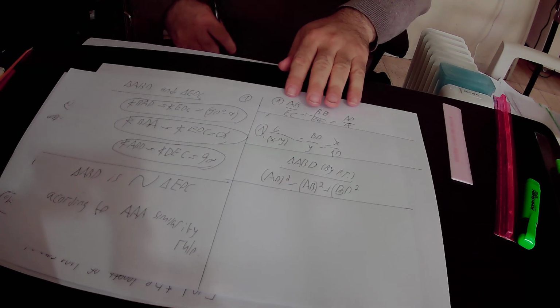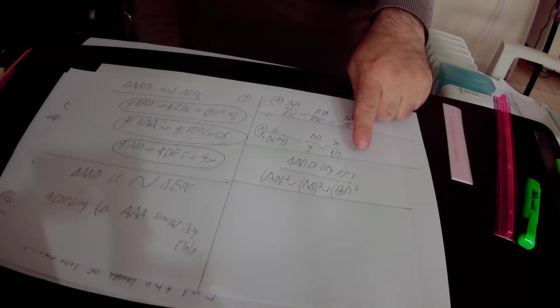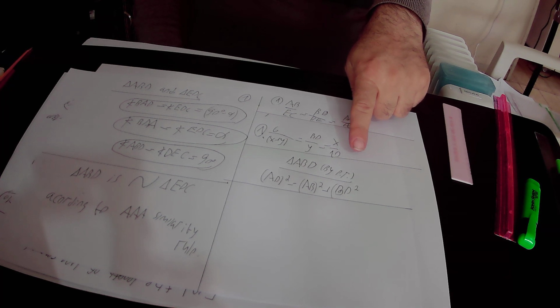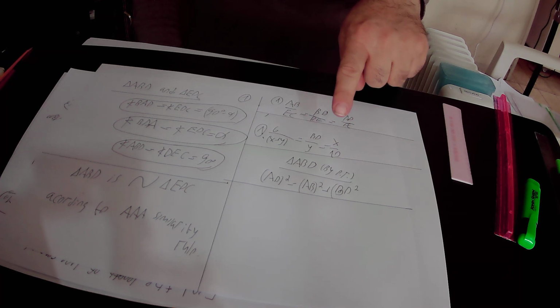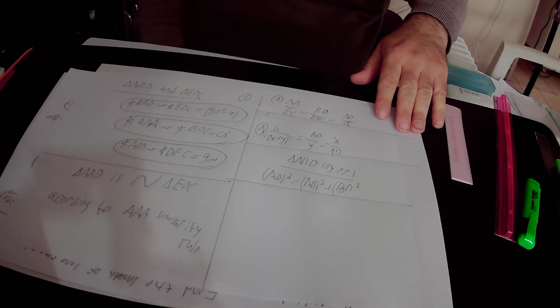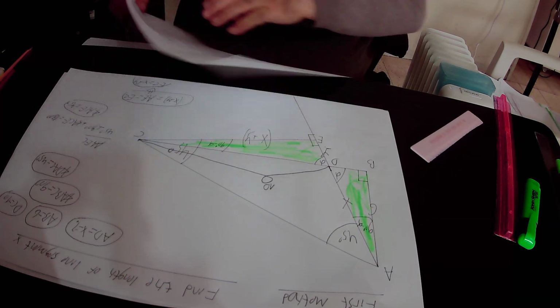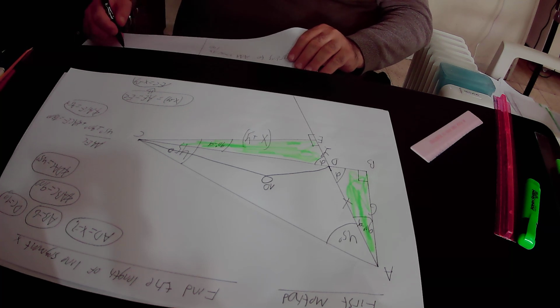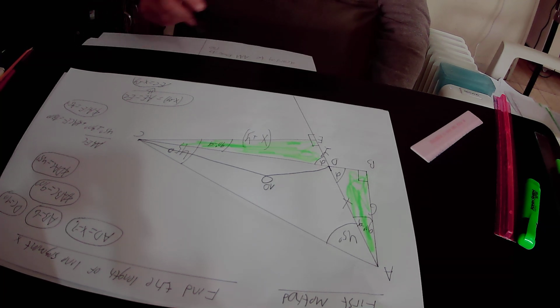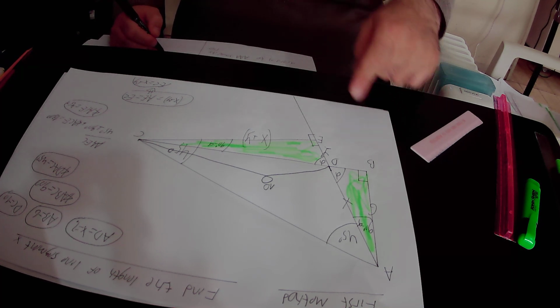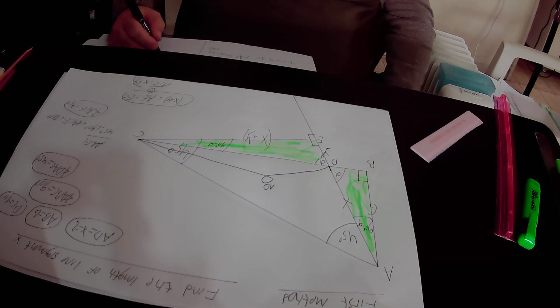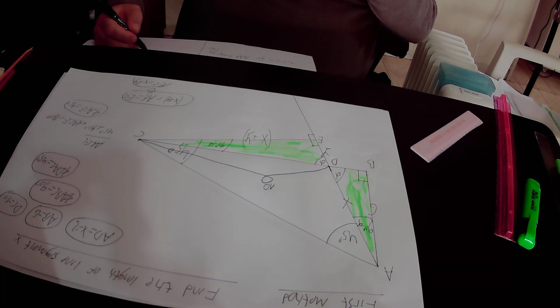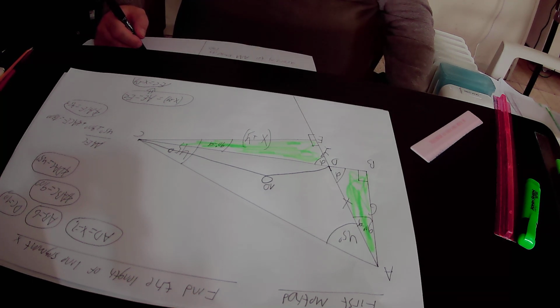AD square equals AB square plus BD square. AD is equal to x, so AD square is x square, and it is equal to AB square. AB equals 6, so AB square is 36, plus BD square, the missing line segment, so we leave it as it is.